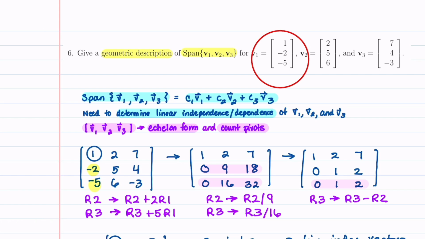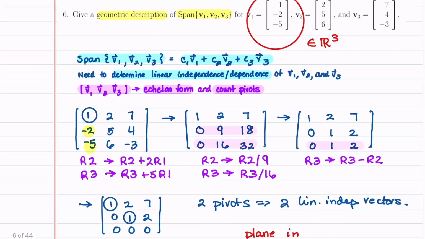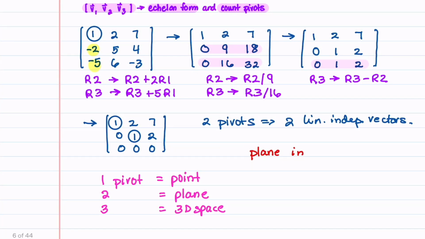Notice that our vector has 3 entries. So that means our vectors are elements of R3. So if we go back down here, that means our geometric description is that the span of these 3 vectors is going to be a plane in R3. A geometric description will include what we call an object and then the Euclidean space where the vectors are located.